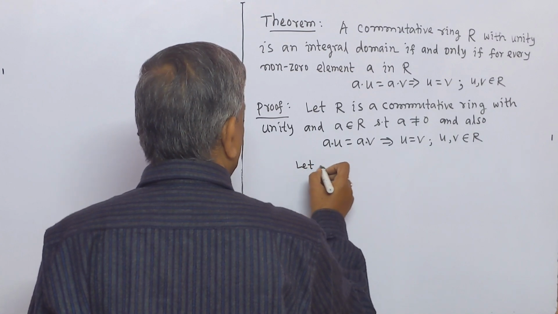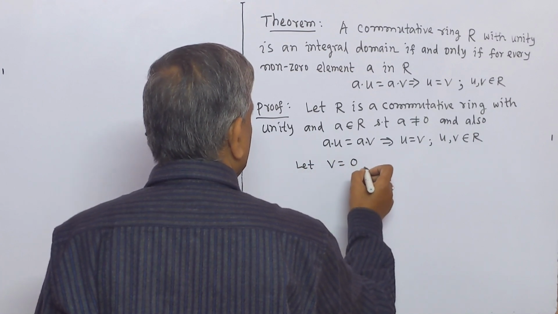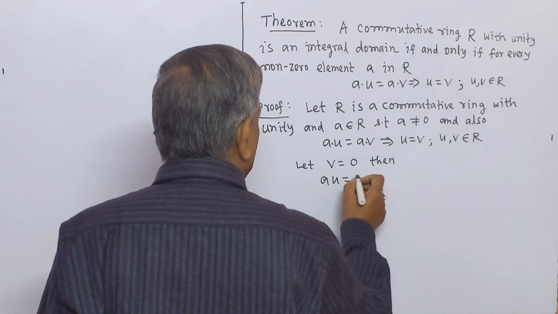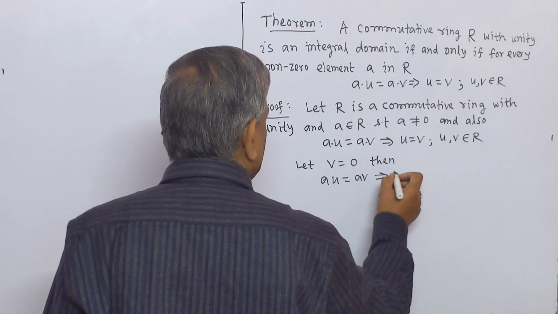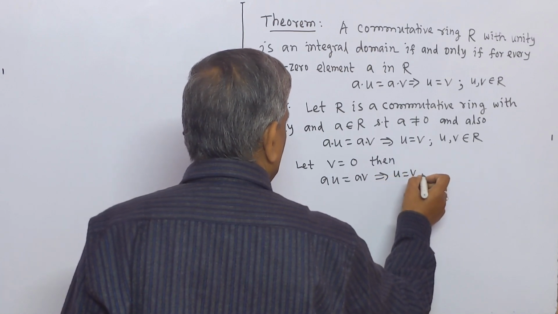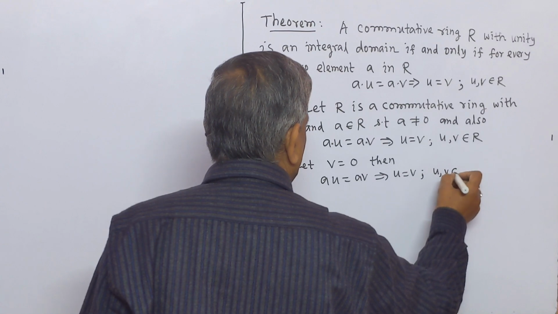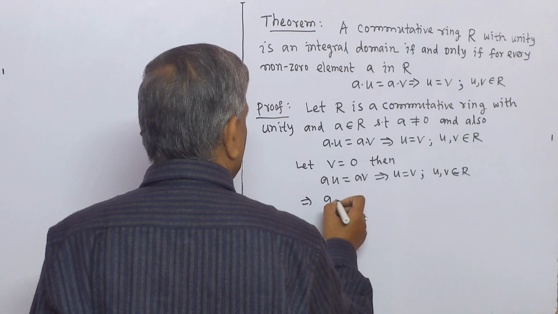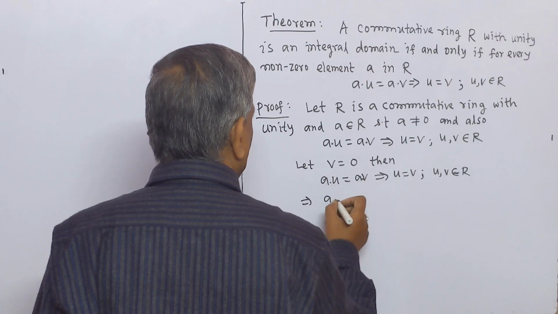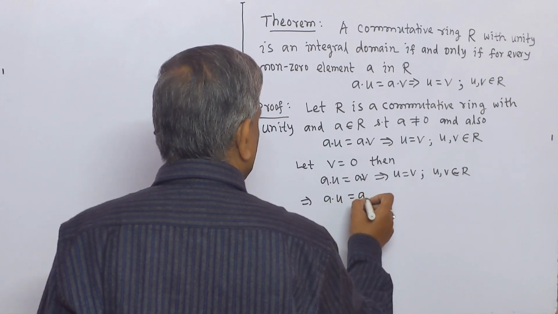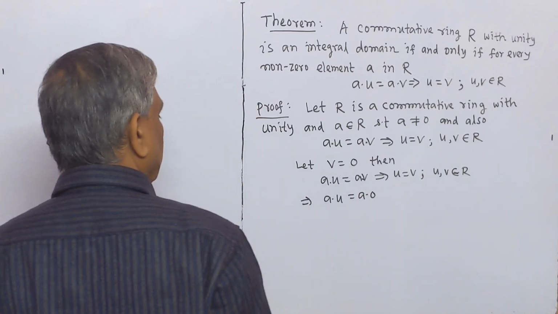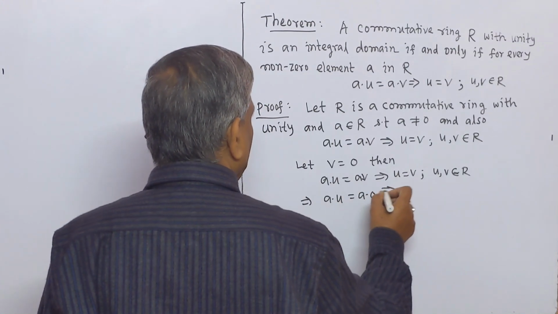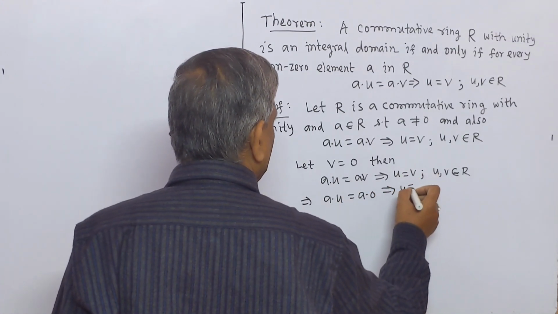Let v equal to 0 element, then au equal to av implies that u equal to v, u, v belong to R implies that a multiply u equal to a multiply 0, implies that here in place of v, 0, u equal to 0.